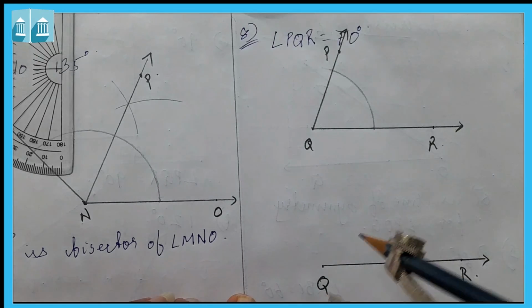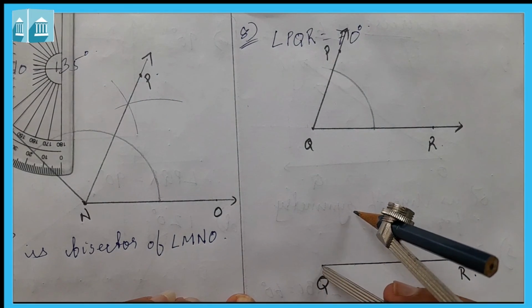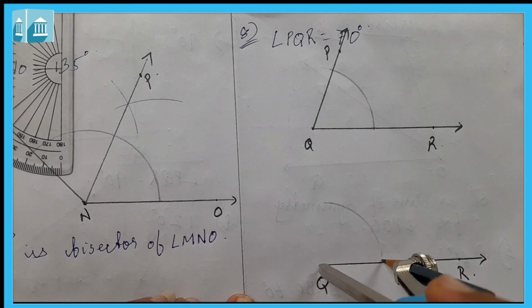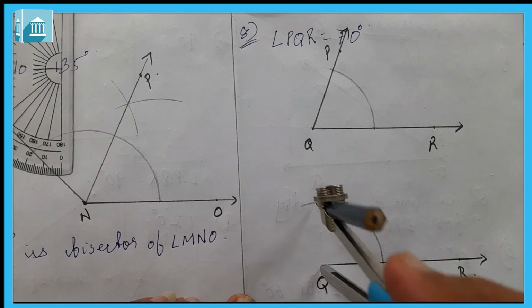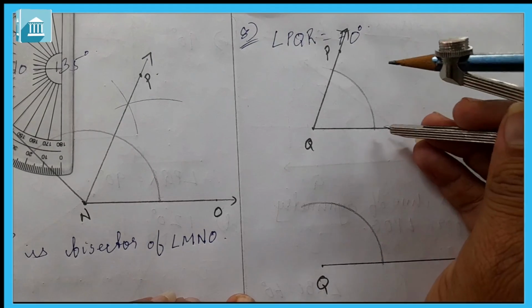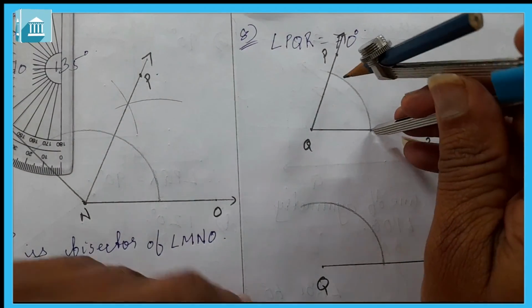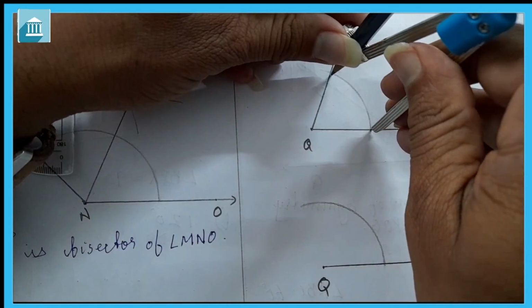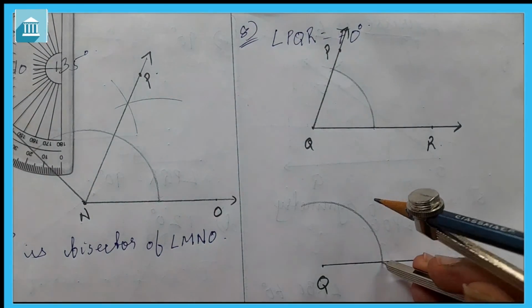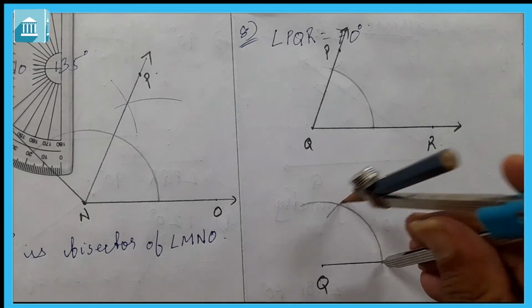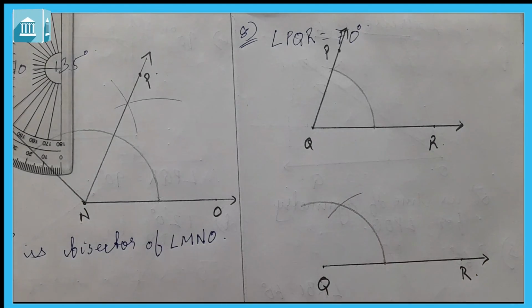This one arc is drawn. So in the same way we need to draw one arc here also with this. This arc is done. Now we need to measure this distance. We will measure this distance, then with this center and same radius, we will cut this.